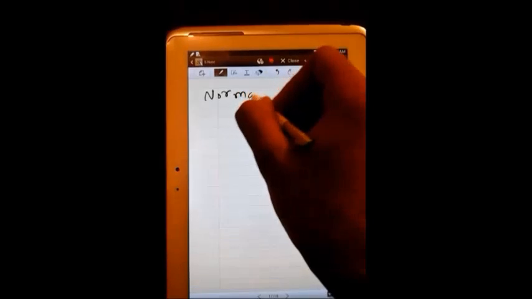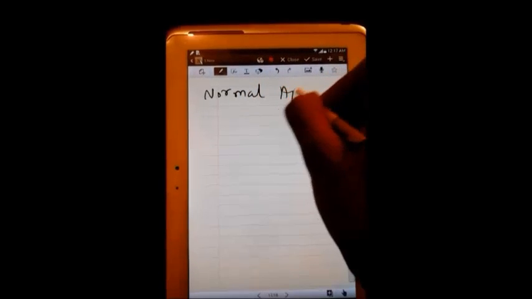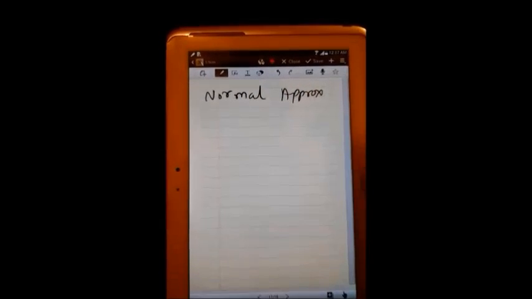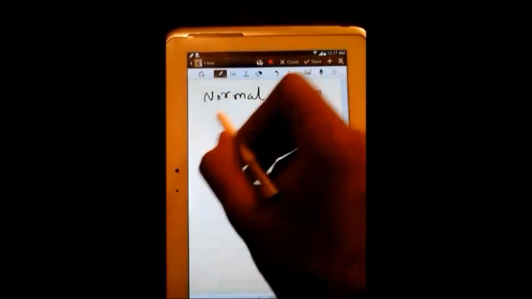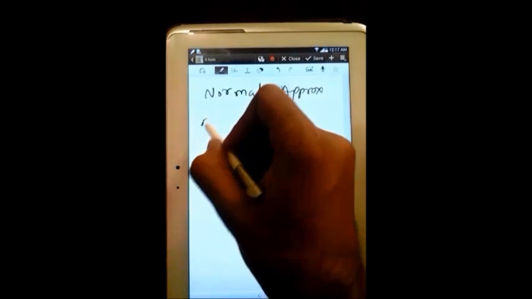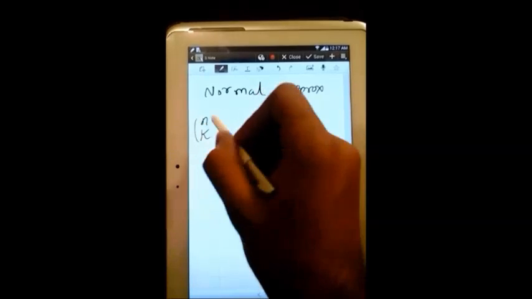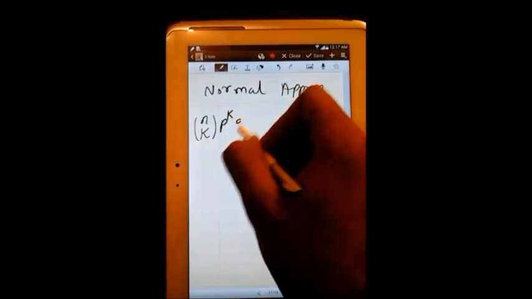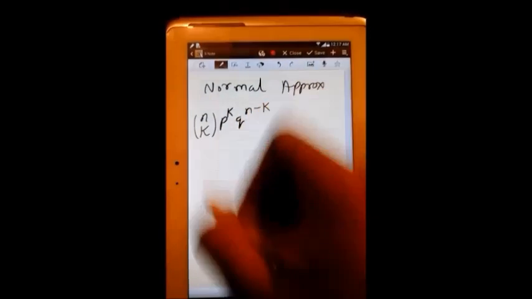Now, going into the concept of normal approximation. We derived Bernoulli's trials as nCk p raised to k, q raised to n minus k.